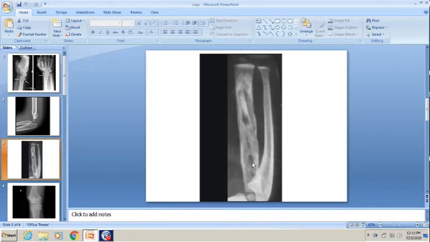Yes, sir. So what do dark shadows signify? Dark shadows mean there is loss of bone, but that is not specific to chronic osteomyelitis. In chronic osteomyelitis, you get some specific findings on X-ray.